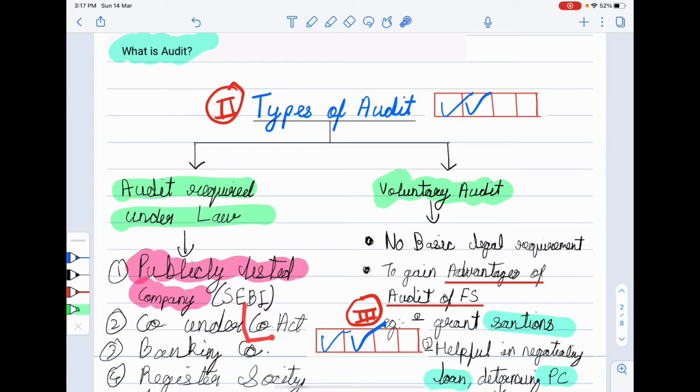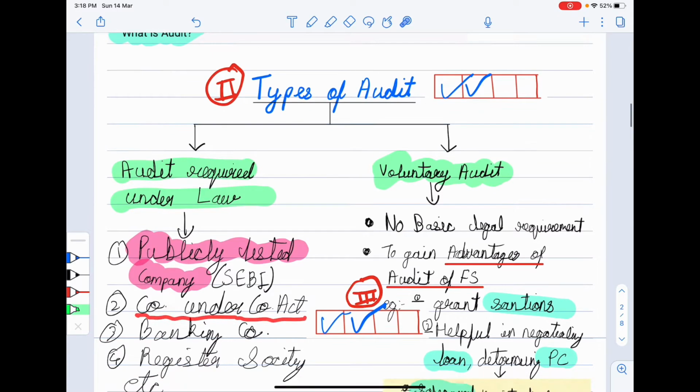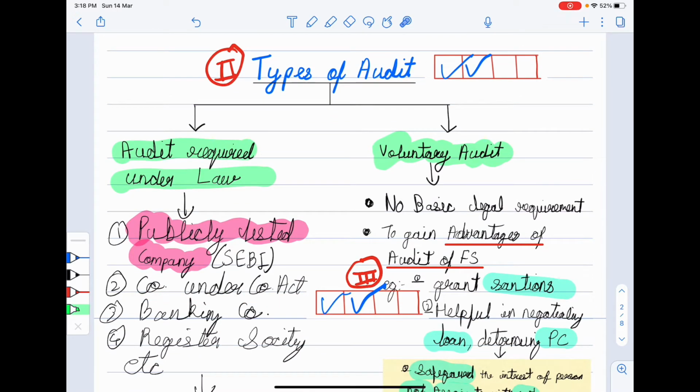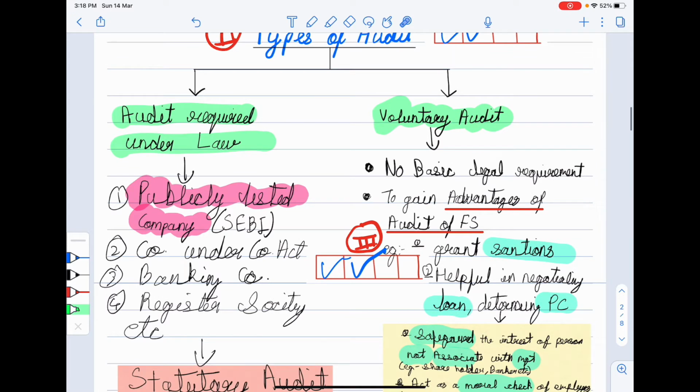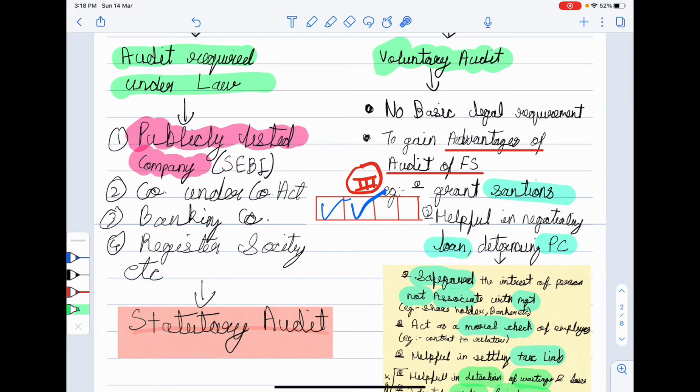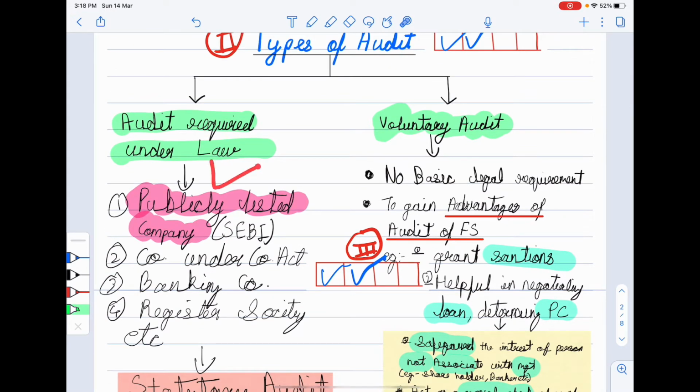For example, the Companies Act makes it compulsory for companies under the Companies Act to perform audit. Similar is the case for banking companies and registered societies. So the law makes it compulsory for some types of companies to perform statutory audit. Okay, so this is audit required under law.